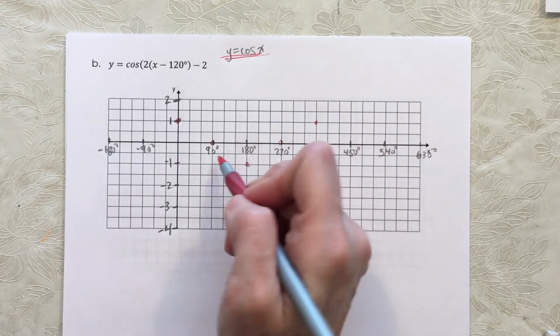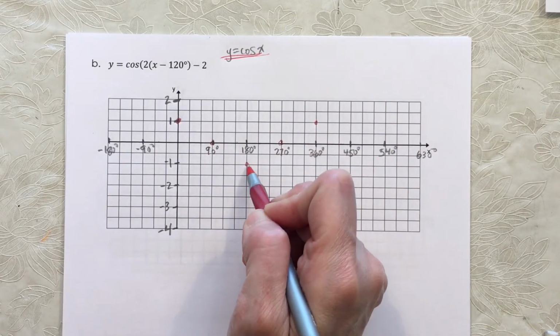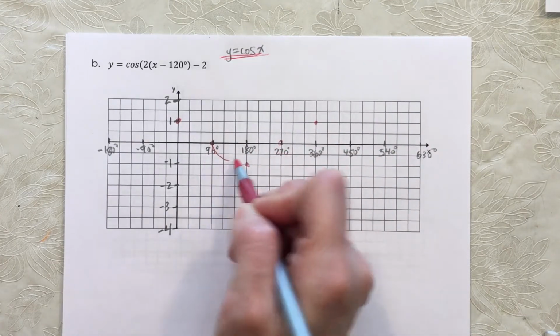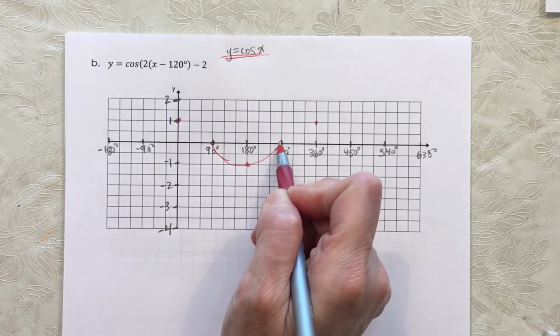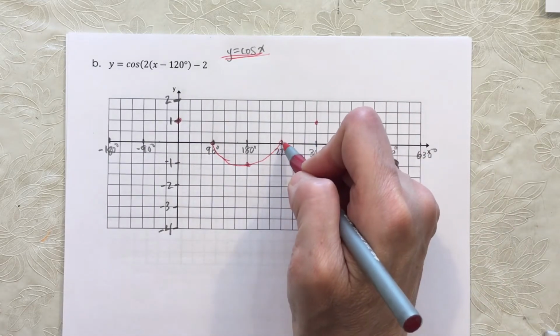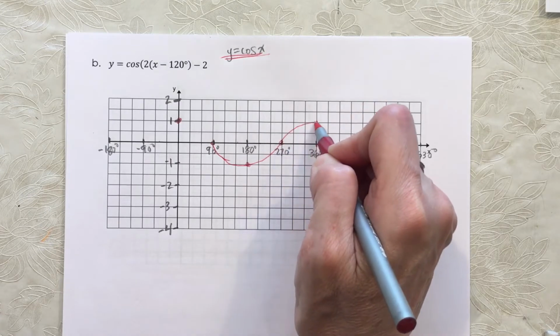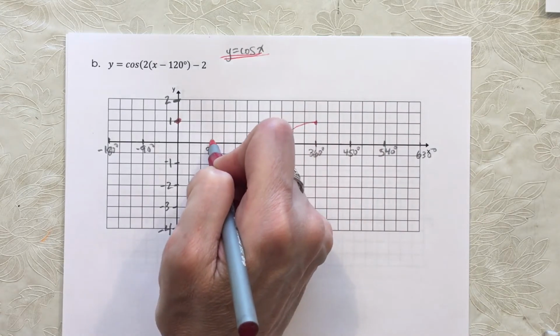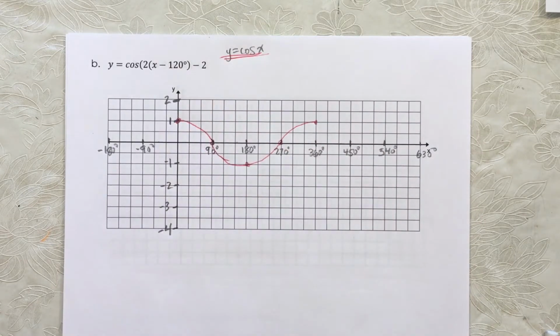So we have this smile between 90 and 270, and then going into a frown from 270 to 360, and going into a frown from 90 back to 0. So there's our one cycle of y equals cos.